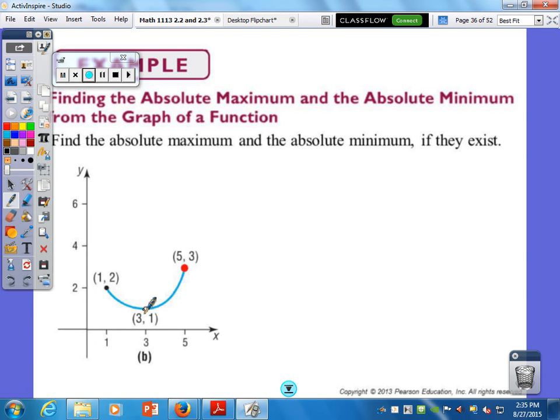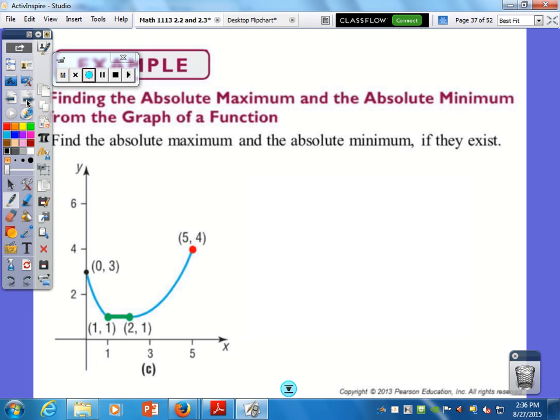And so there is no absolute minimum because I can keep getting really close to 1, but never actually touch it. So there's not an identifiable value that is my absolute minimum. My absolute maximum occurs at x when y is 3. Does that make sense with that hole being there? Okay.